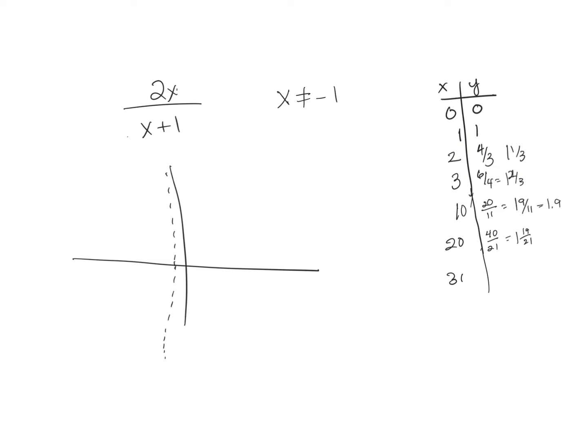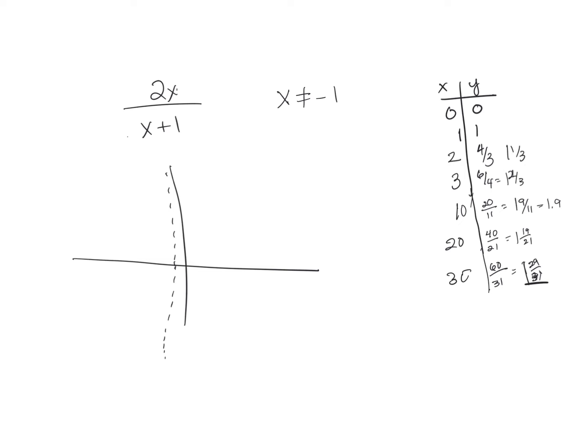If I go to 30, I have 60 over 31, which goes in one time with 29 left over. So what you see here, as x is getting very large, this number is getting closer and closer to the number 2.